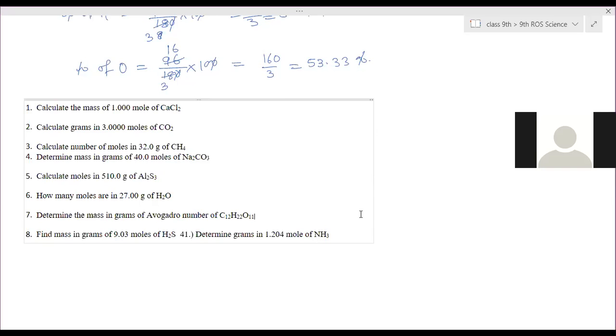So 1 mole, what is the mass? Ma'am, is it 342 grams? Yeah.